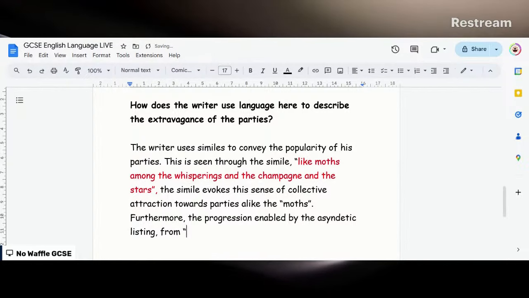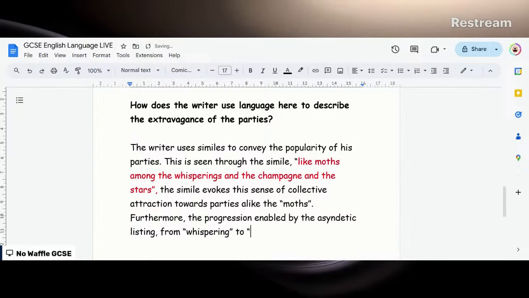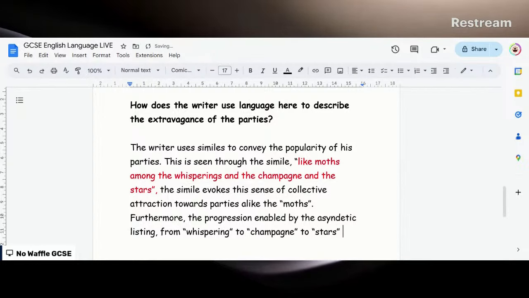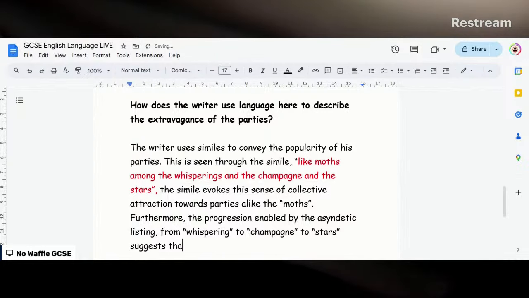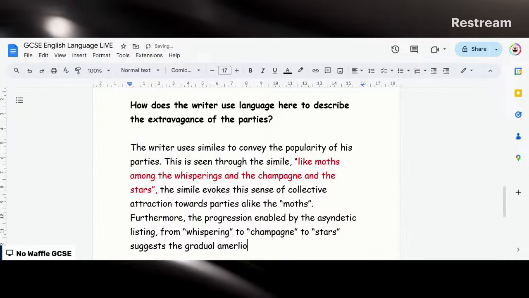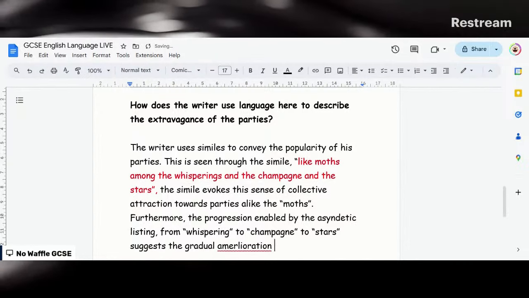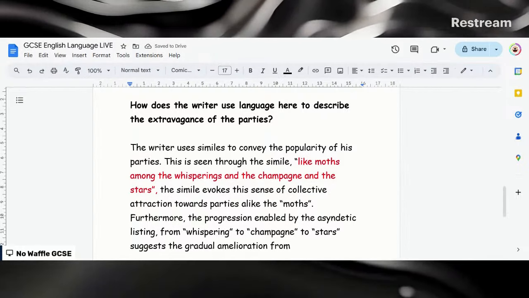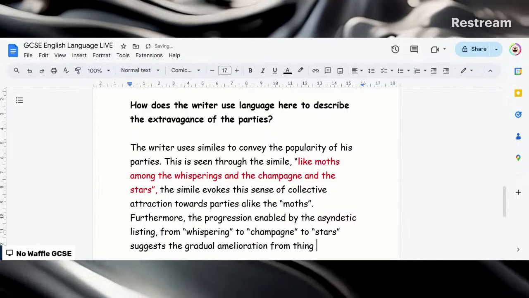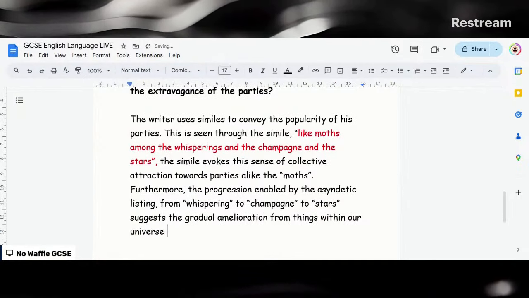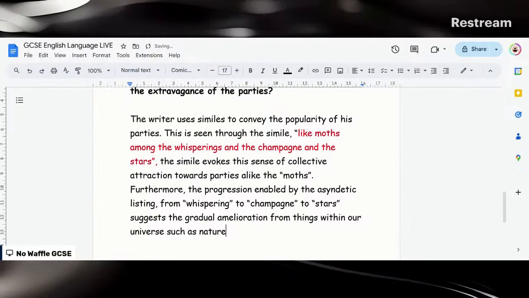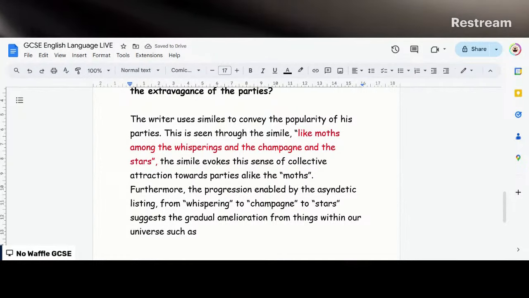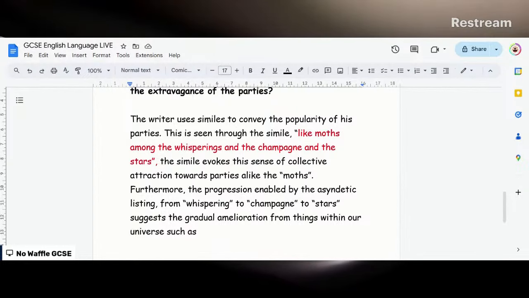from, and then start embedding your quotes in. So from whispering to champagne to stars suggests the gradual amelioration, or i.e. the improvement, the gradual improvement from things within our universe, such as nature, such as, we can say from things, we can just be obvious.